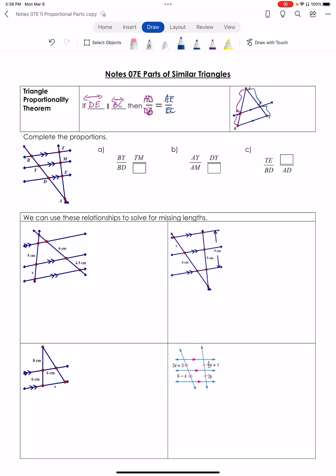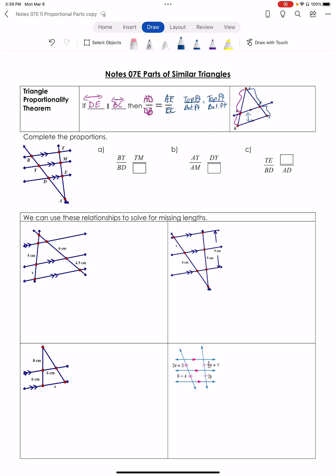Okay, top part over bottom part. So it's basically top part over bottom part is equal to top part over bottom part. Okay. But what you need to see is that the relationship between these two sides is not the same as that right there.